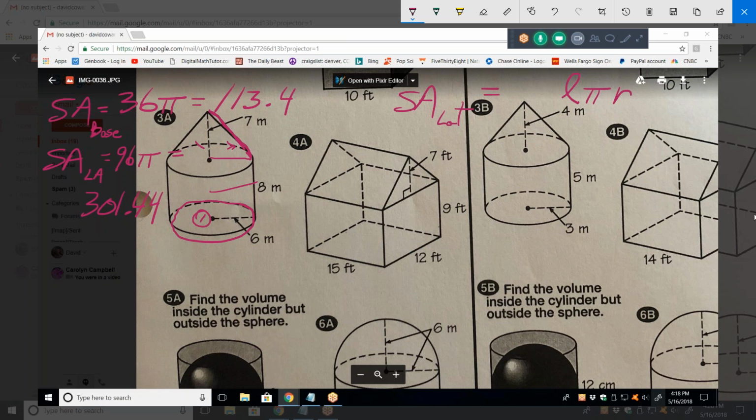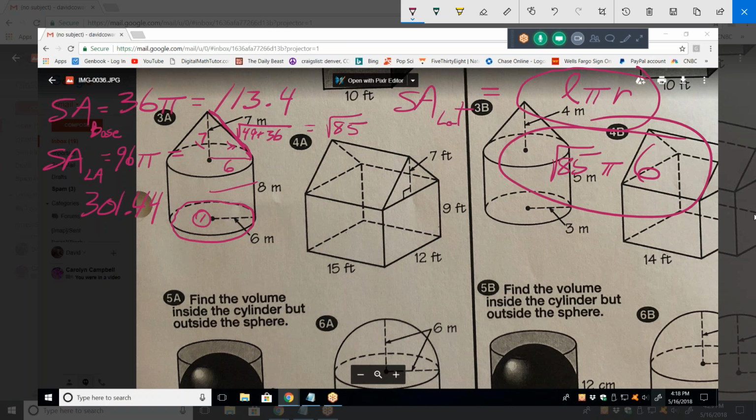And this dimension is 6. This height is 7. What's lambda? Well, that's the square root of 49 plus 36. So that's the square root of 85. So the surface area of the top part is square root of 85 times pi times 6.